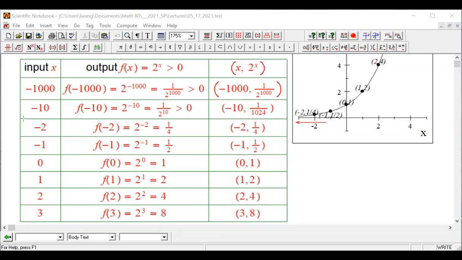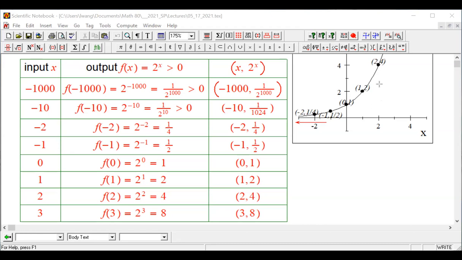When x is, say, -10, of course it's not in the graph right now, but when x equals -10, the output is 1/2 to the power of 10, which is a very, very small number, very close to 0, but it's larger than 0. So that point is way over there. And if the input is -1000, the output is going to be even smaller.